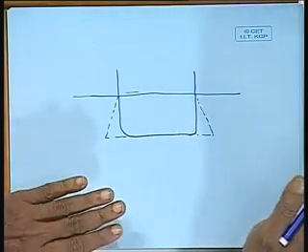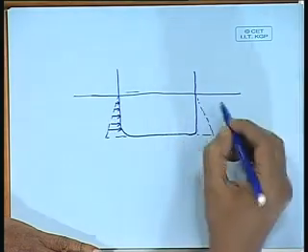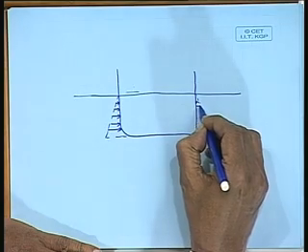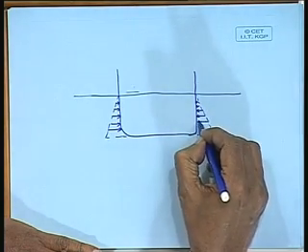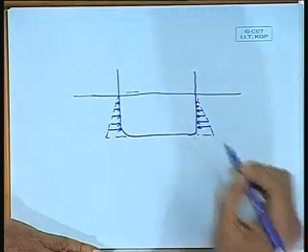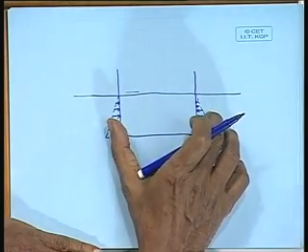It is a normal force. Hydrostatic pressure is normal force, is not a tangential force. Therefore, the pressure will act like this. Am I right? And you can see that they will cancel each other.